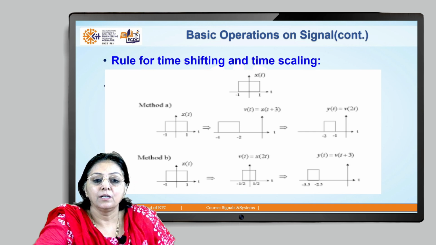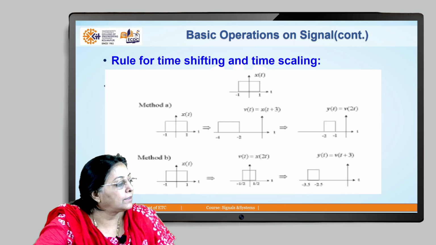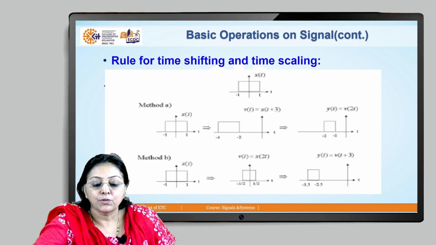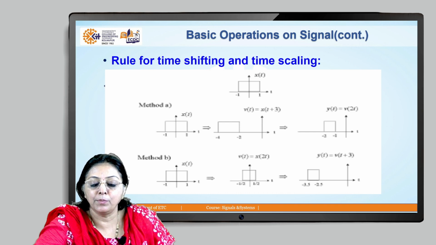Now the rules for time shifting and time scaling. When you observe the basic operation of a signal, in the first diagram, x(t) goes from -1 to +1 with amplitude 1. Then find x(t + 3).